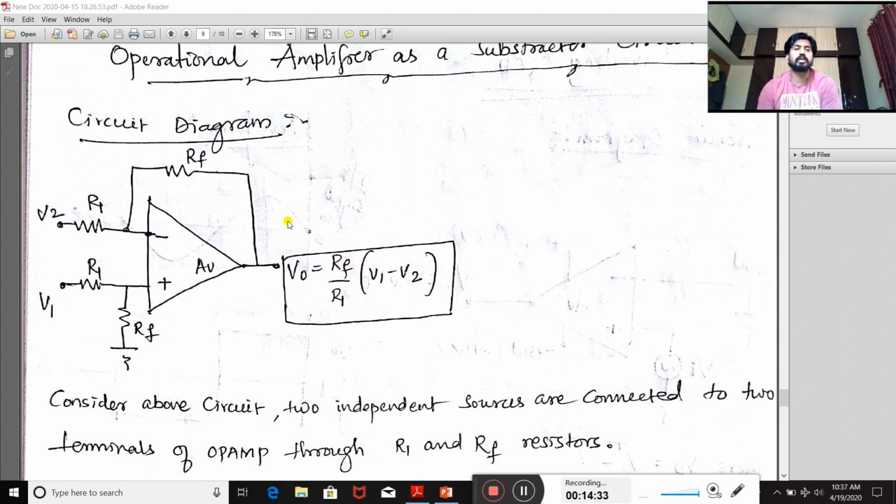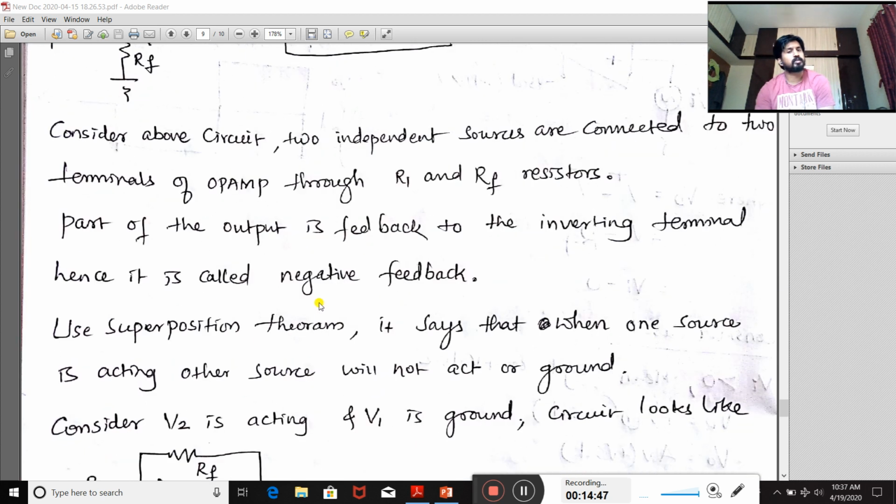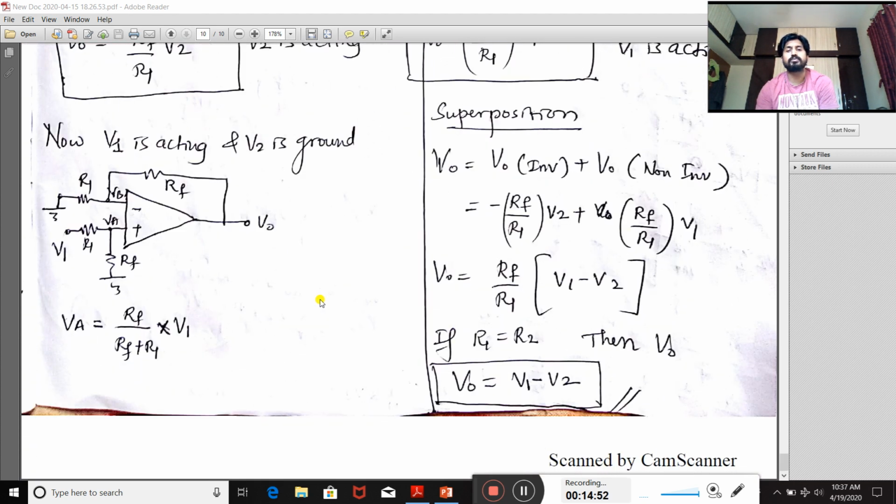So just go through the circuit, try to use the superposition theorem here, as we are using two independent voltage sources. Then use the voltage divider formula. These are the two things which you need to do. Then just use some arrangement. Finally you will arrive at V naught is equal to V1 minus V2.